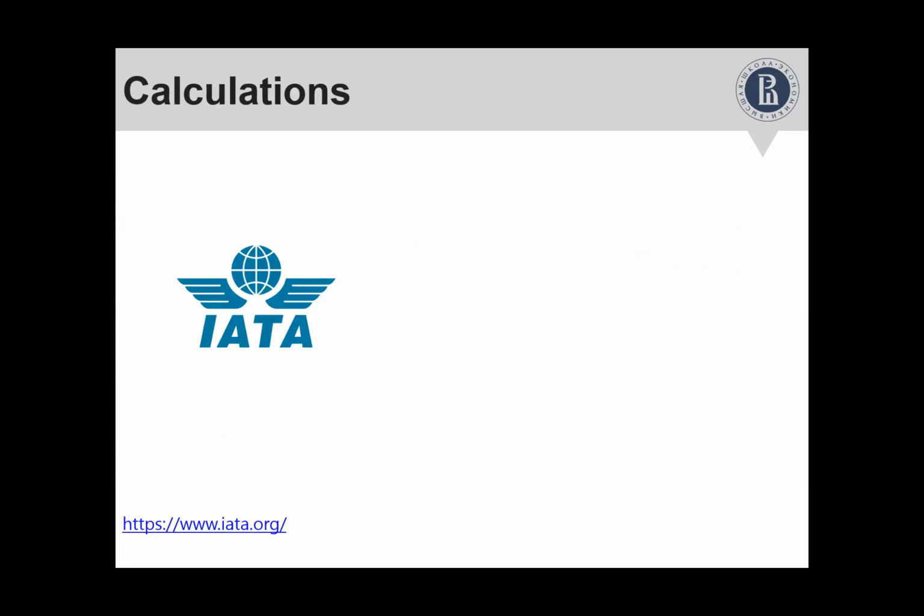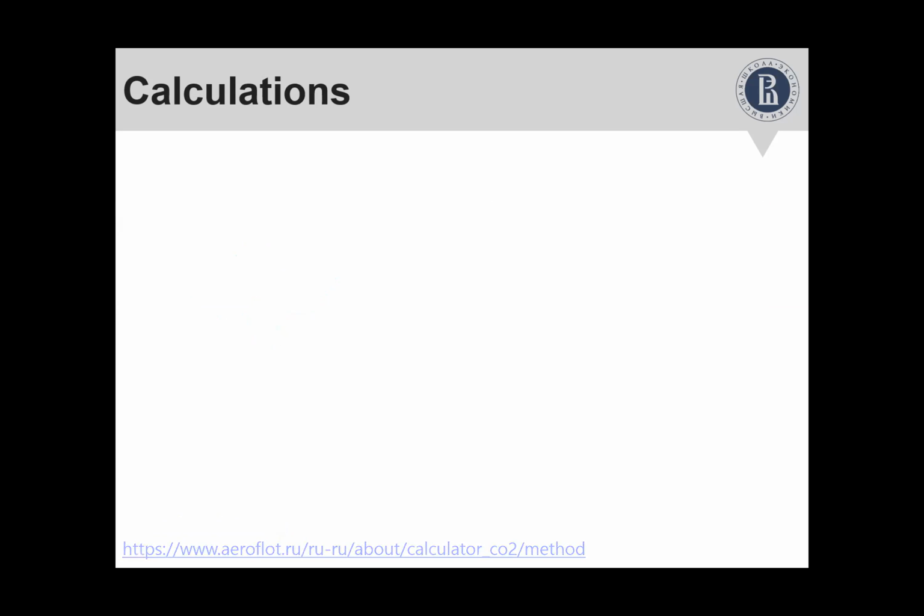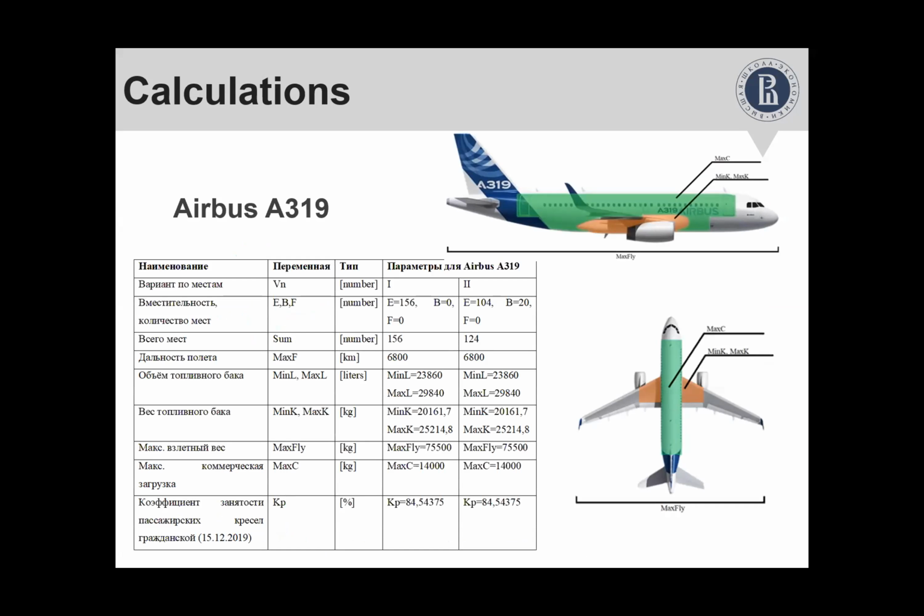For calculation, we used a formula from the International Air Transport Association. Aeroflot modernized that formula, and we understood how it works, and we can provide this formula for our software. For calculation, we used these parameters.